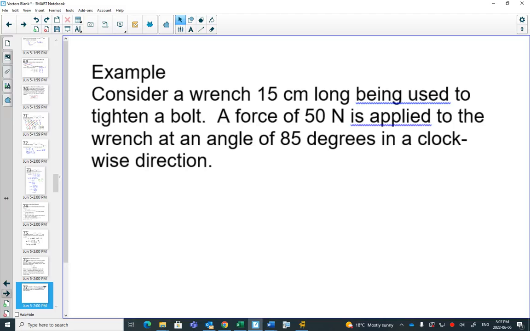Consider a wrench 15 centimeters long. Right. So since the units are Newton meters and we have 15 centimeters, we can change, here's the wrench, 0.15 meters. We can think of that as one of our vectors.